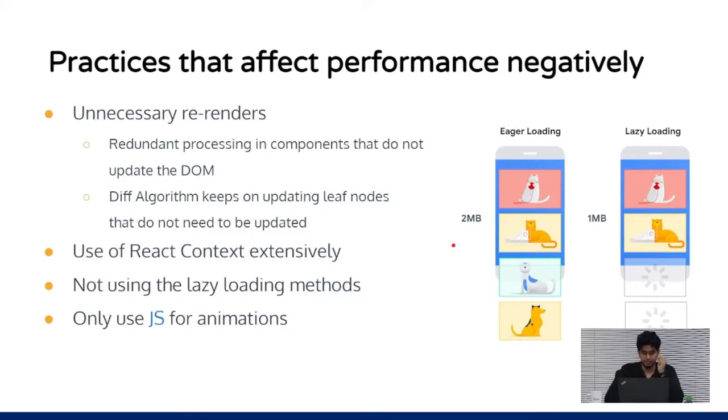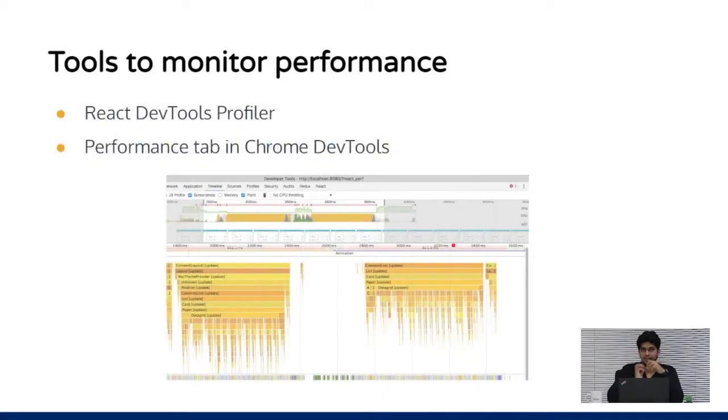So moving on, before moving on to the ways that we can improve the performance, we'll have a look at the tools that we can use to identify performance bottlenecks.